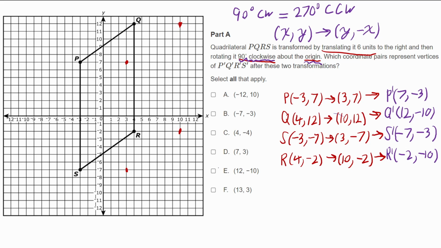Oh, 12, -10. E is one of our points. -7, -3. Nope. 12. Oh, -7, -3. There's one of our points. Our last one, -2, -10. We go on our list. We don't even have a -2 in our x coordinate. And those are all of the answers for this problem. All that showed up were just for Q prime and S prime, right?